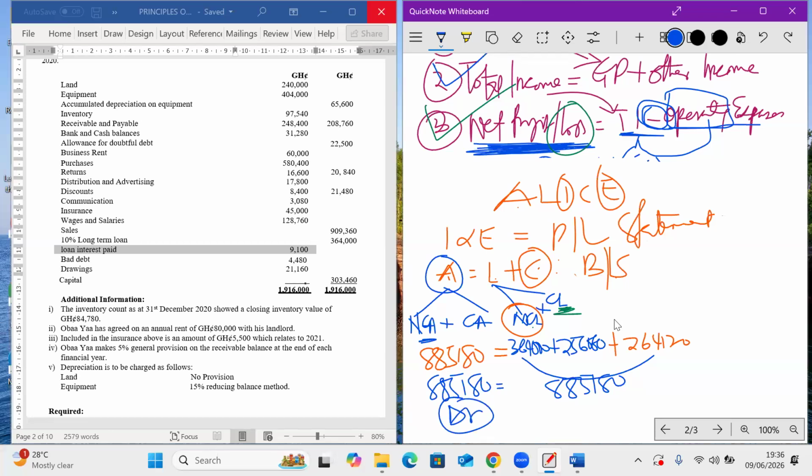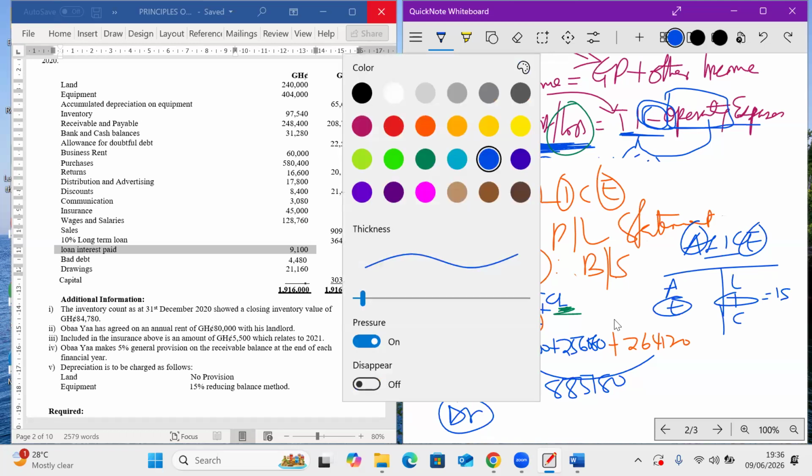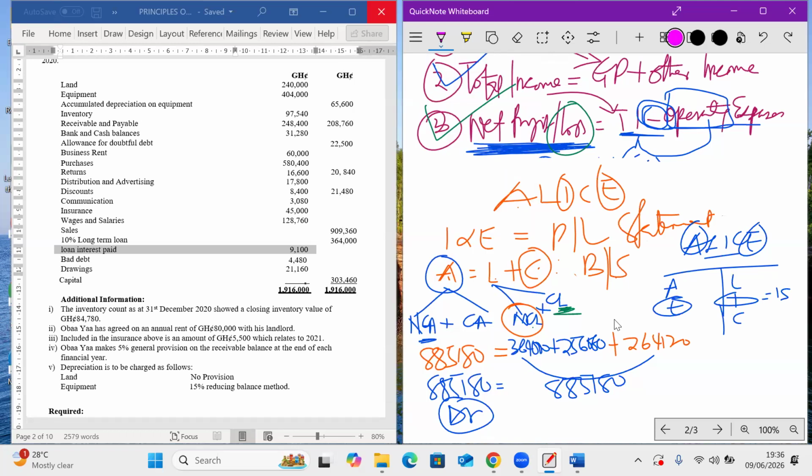And the ALICE, if you don't learn it, you have no idea. The assets and expenses are on the debit side. Then the L, I and C are on the credit side. And we use the I and the E to prepare the income statement. So the remaining three, the ALC, must still balance.